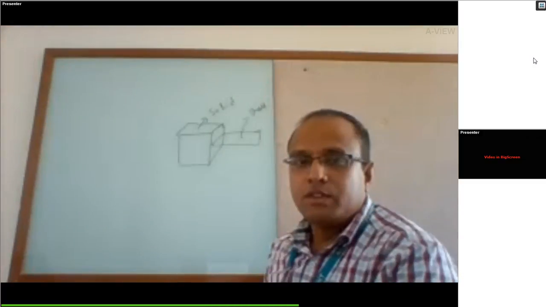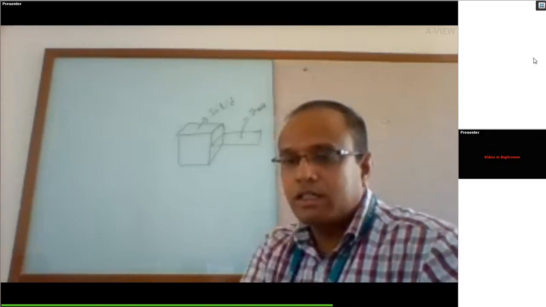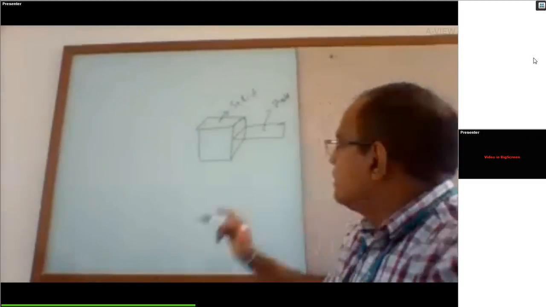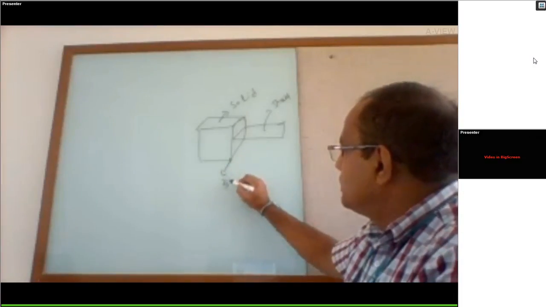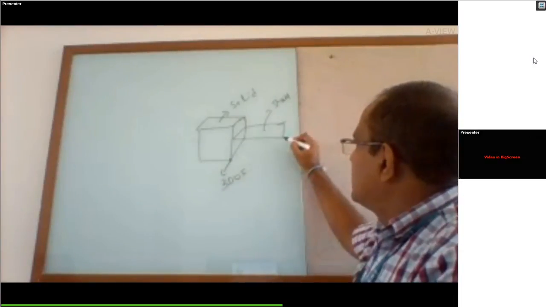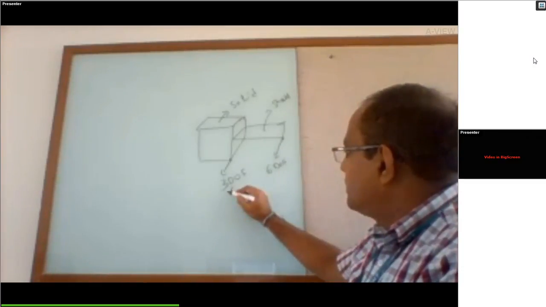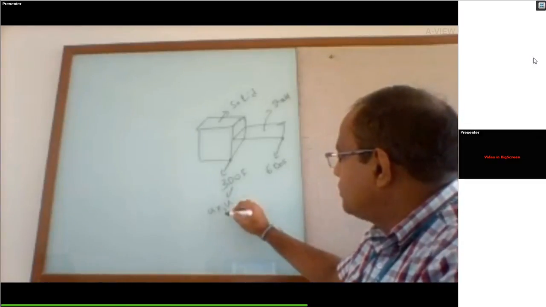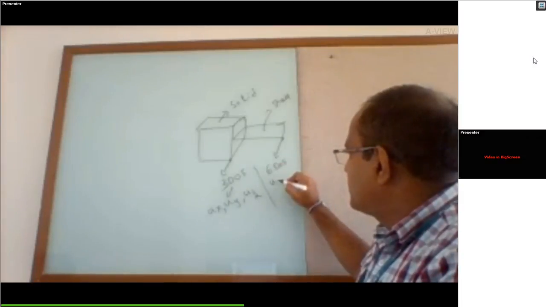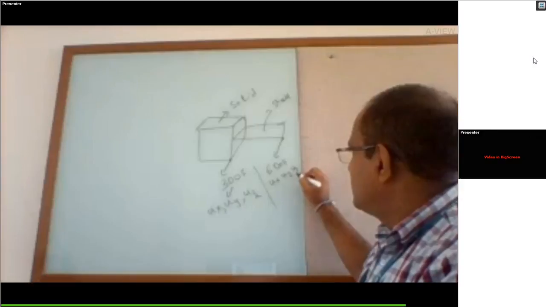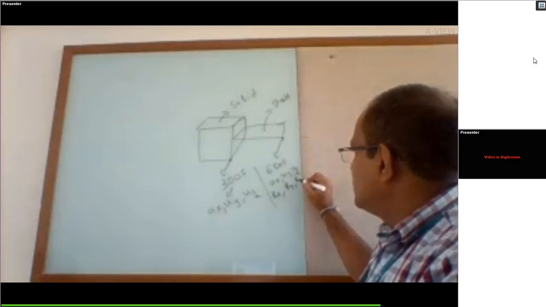The basic difference between solid elements and shell elements is that for solids, each node will have 3 degrees of freedom, and shells will have 6. The 3 are translations UX, UY, UZ, and the 6 are UX, UY, UZ, and also the three rotations.